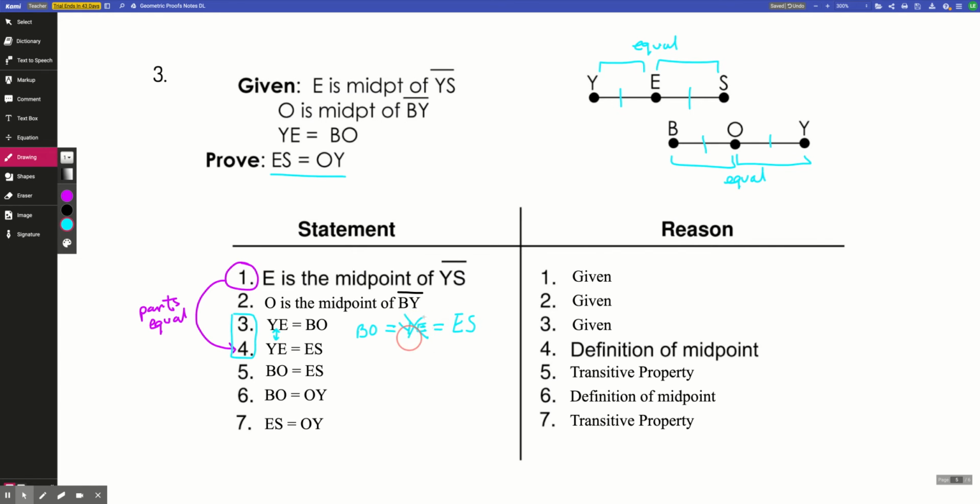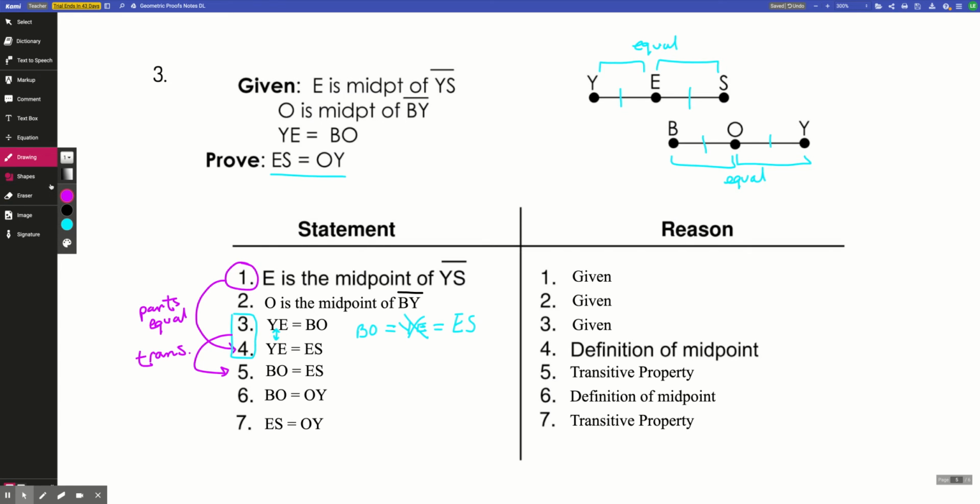I cut out the middleman and I'm just left with BO equals ES. So I took these 2 and I combined them to make step 5 using the transitive property. Then I did a very similar thing for my other midpoint.